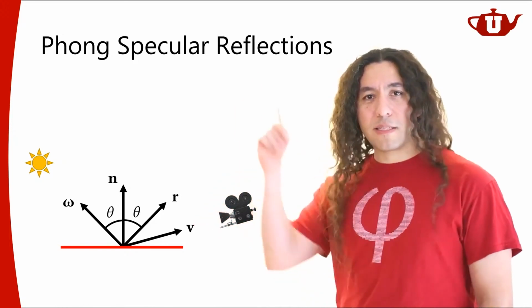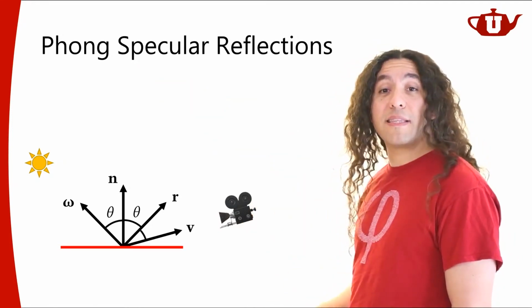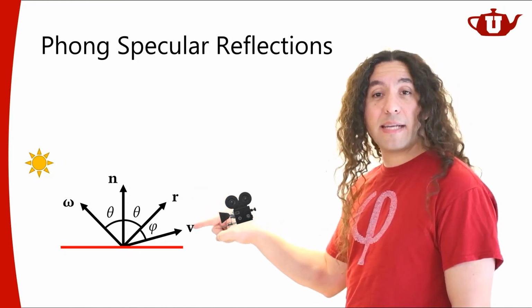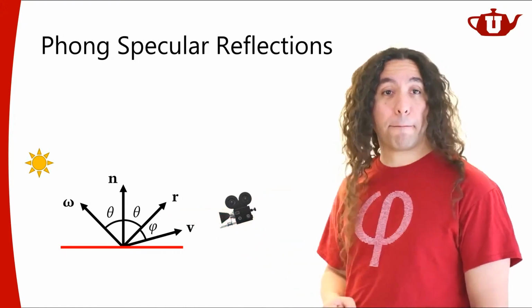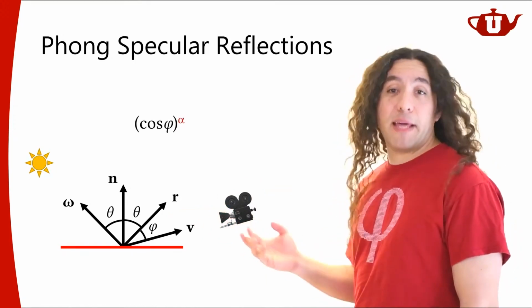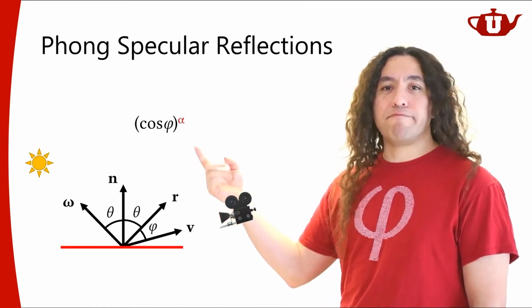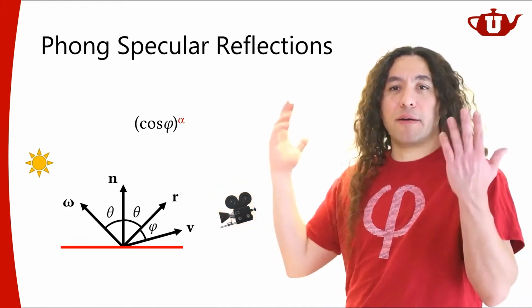Right? So this Phong specular reflection model is going to look at the angle between this perfect reflection direction and the viewing direction. And let's call that angle phi. Right? And it's going to look at the cosine of that angle, because cosine is easy to compute, to some power alpha, some exponent alpha.